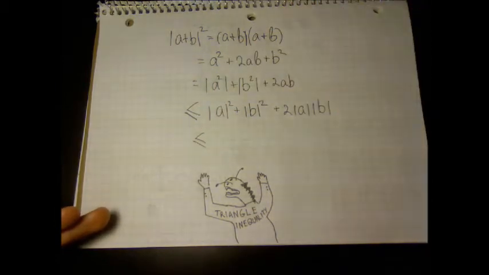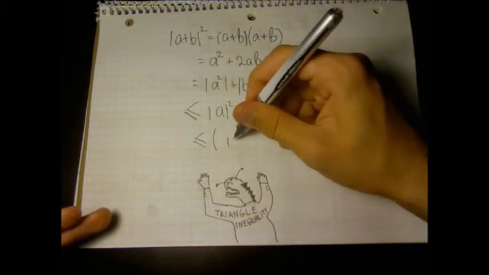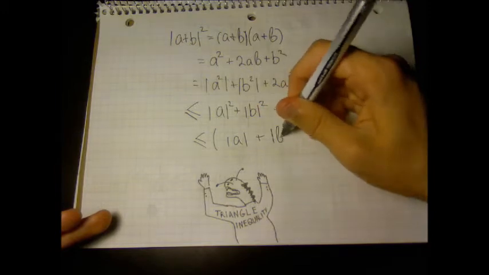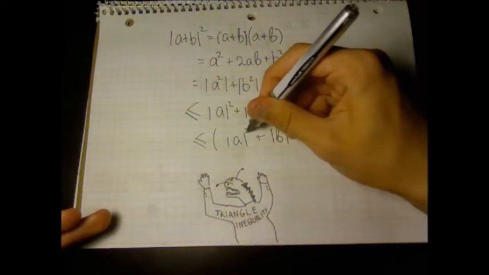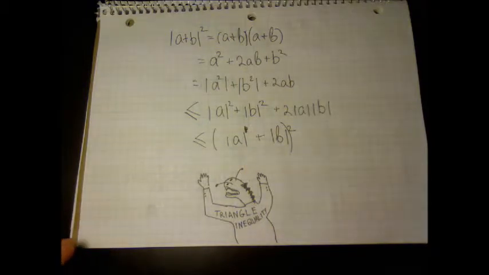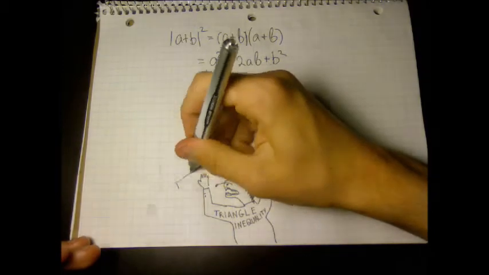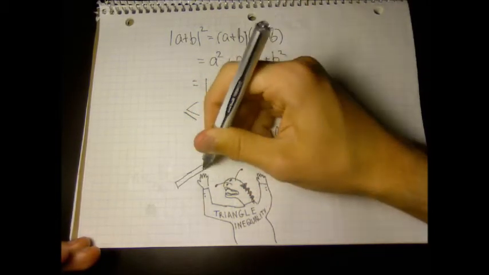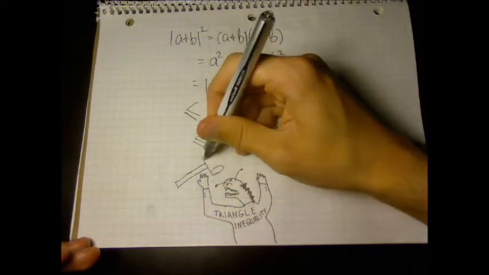In this case, the latter is the square of |a| plus |b|. If you take the square root of those two parts, you will get the original triangle inequality. Just pure algebra, nothing really exceptional.